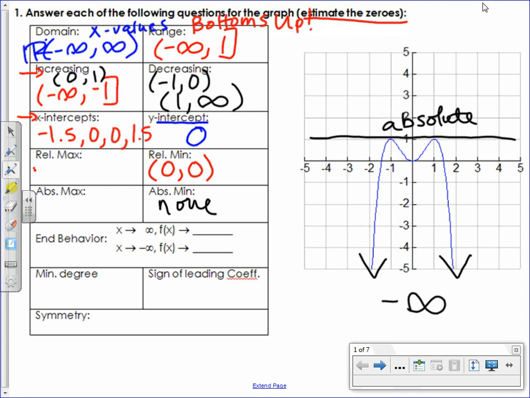So we're going to say we've got 2 absolute maximums at -1, 1, and then again at 1, 1. Now, if you have an absolute max, that means we don't have a relative max, because we're able to measure an absolute highest point.